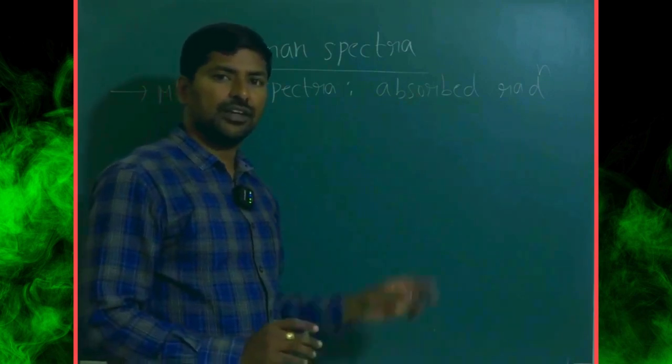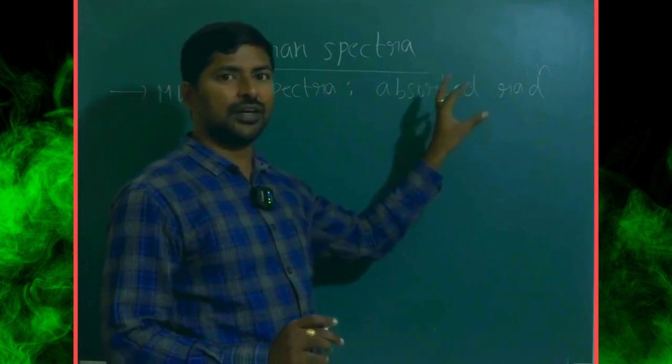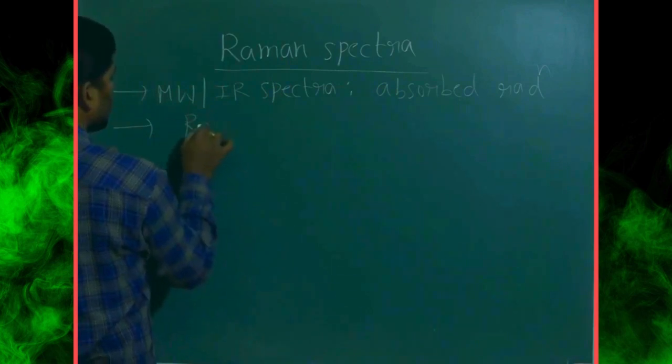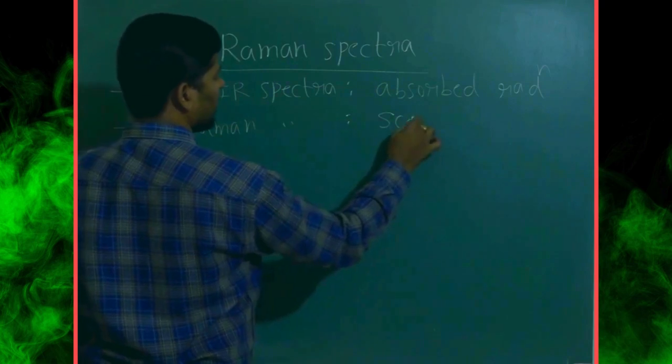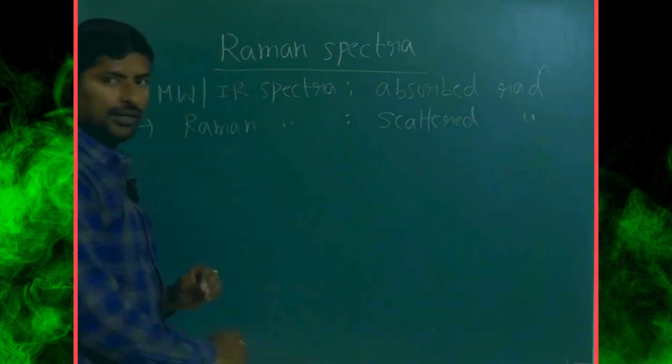For that we take the signal. So in microwave and IR spectroscopy we concentrate on absorbed radiation, whereas in Raman spectra we concentrate on scattered radiation.